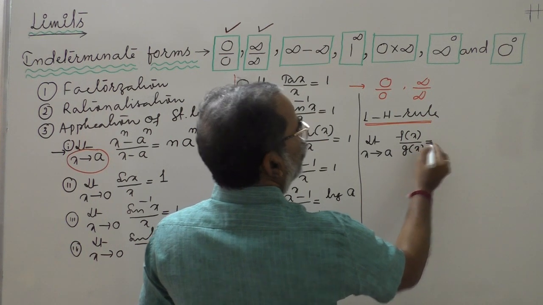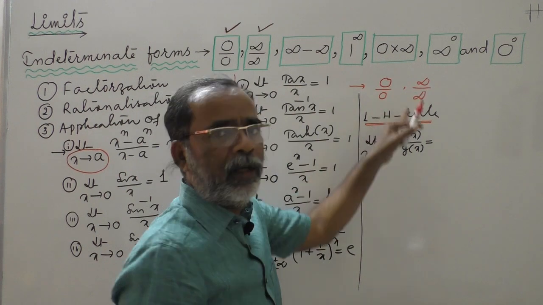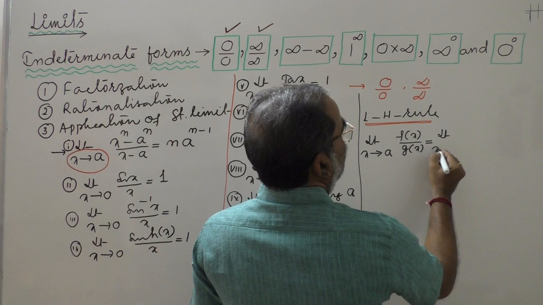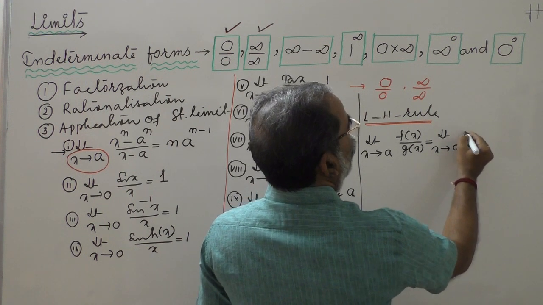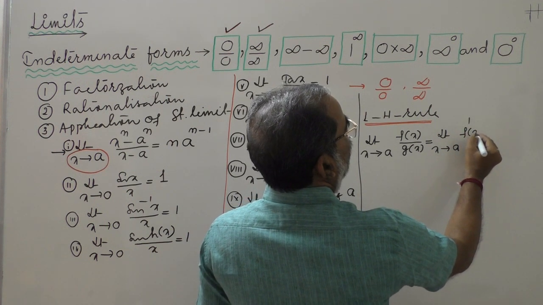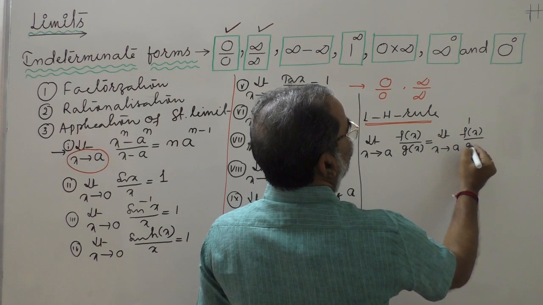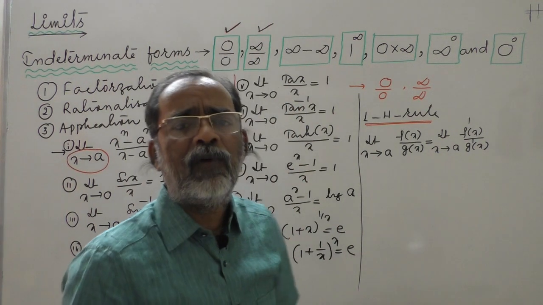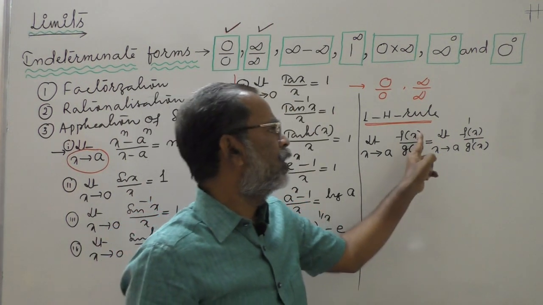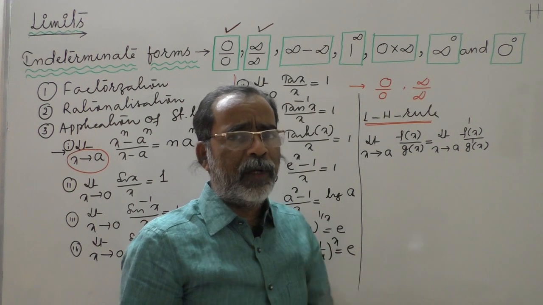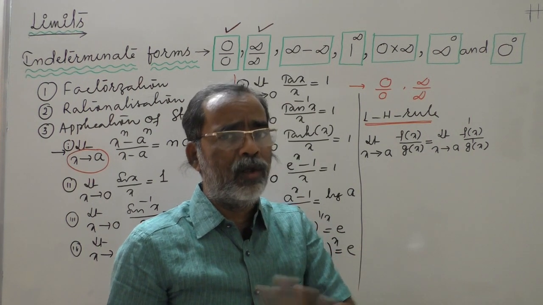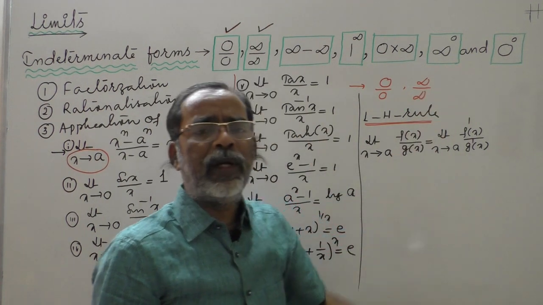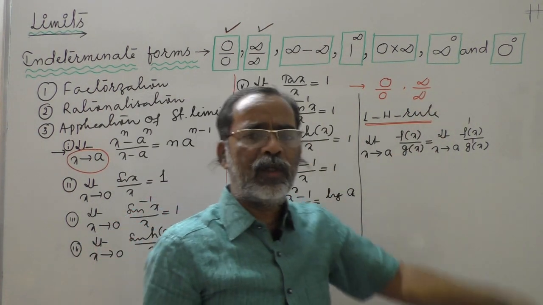If you are getting 0 by 0 or infinity by infinity, then this rule says that for the same limit, you should differentiate numerator and denominator, f dash x divided by g dash x. What we did is differentiate numerator and denominator separately, not u by v. Then substitute the limit.